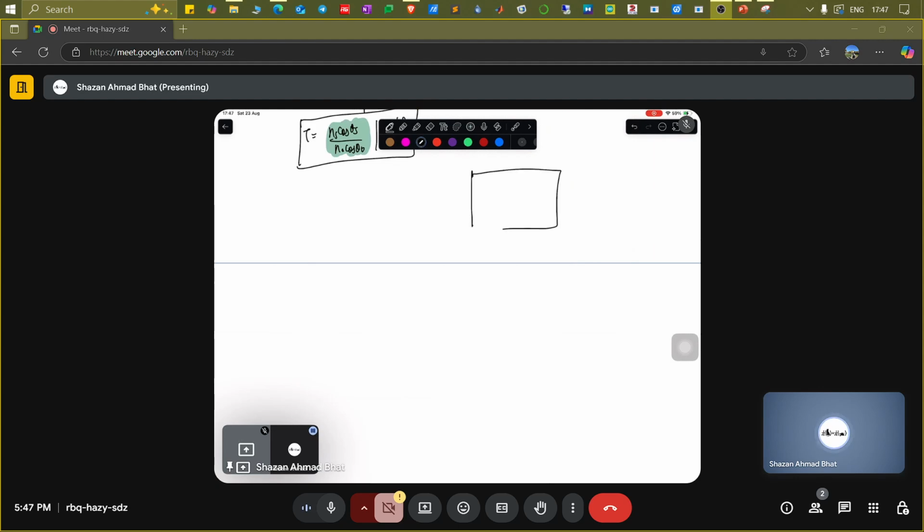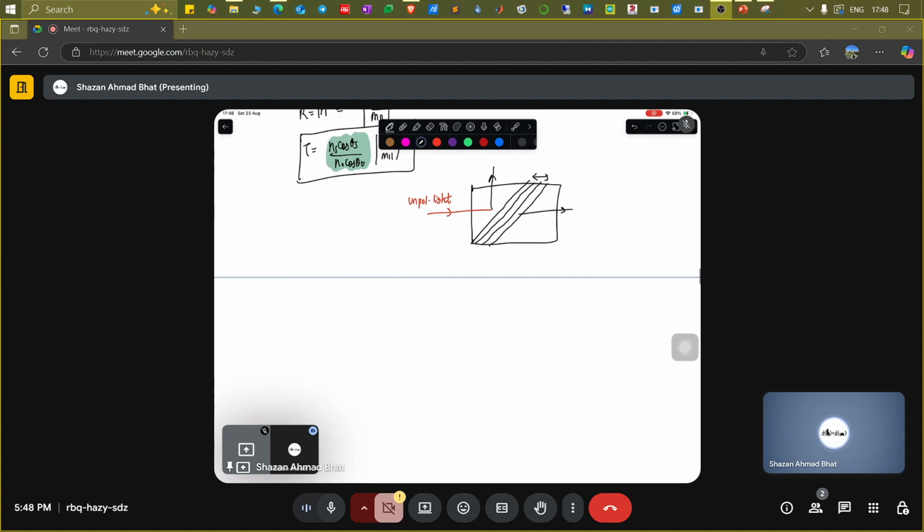For example, if you have a slab with certain layers of varying refractive index in between, and unpolarized light comes in, because of this particular arrangement one part is going to be reflected and the other part transmitted. But this reflection and transmission is different: the reflected part is the TE part, and the transmitted part becomes the TM part.